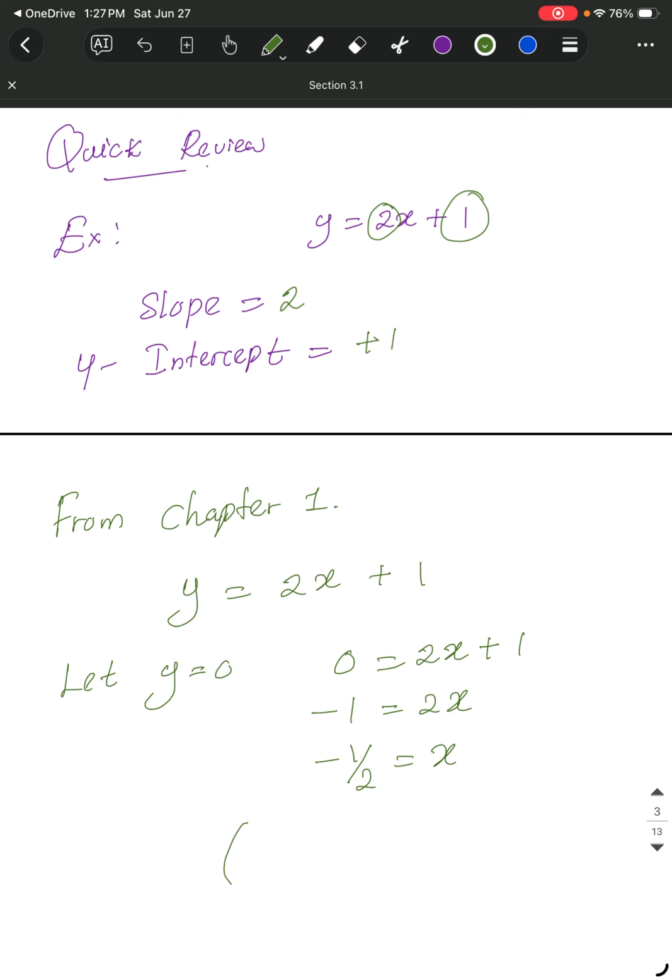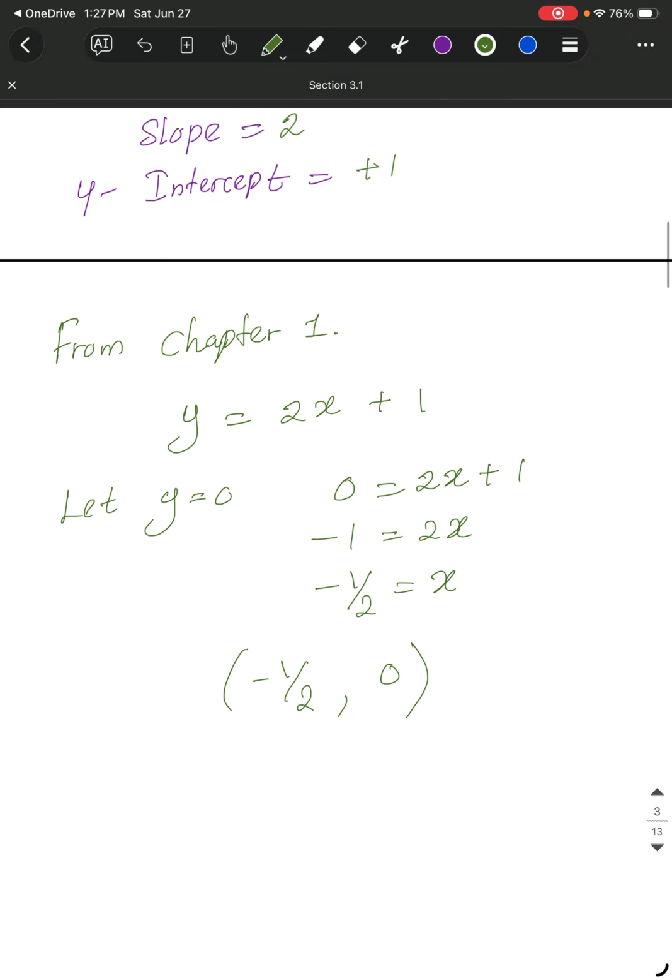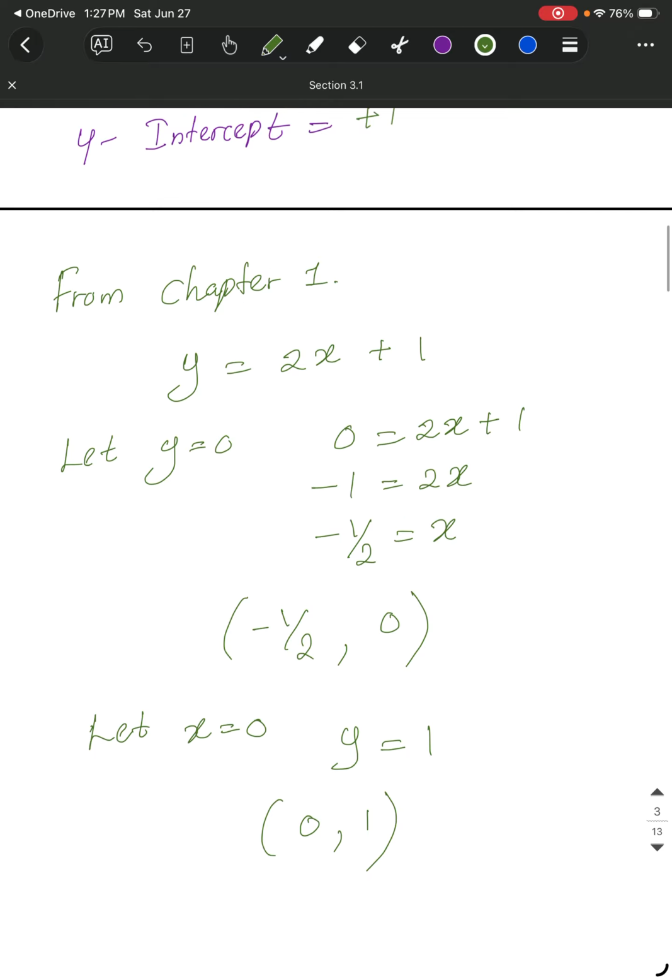Therefore, the line passes through the point negative 1 half, 0. Now let x equal 0, then y equals 1. That is the y-intercept: when x equals 0, y equals 1.